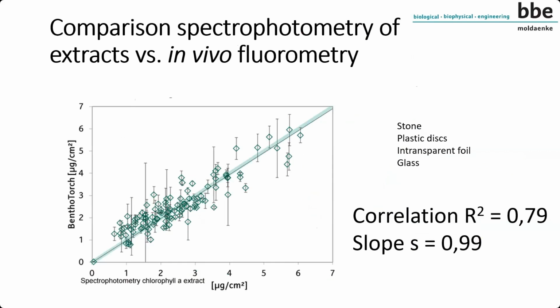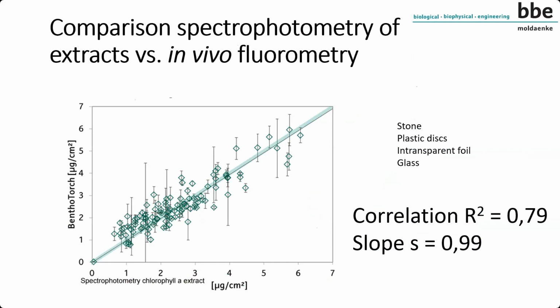And we compared this to the traditional method. The traditional method, which means, again, is spectrophotometry of chlorophyll A. So that means that we have to add organic solvent and extract the chlorophyll A in this organic solvent and measure chlorophyll A in a spectrophotometer.